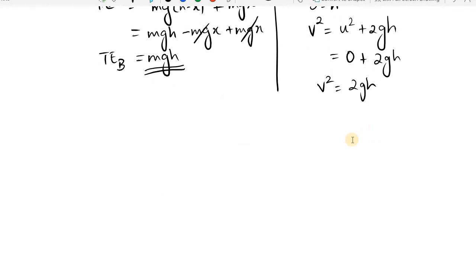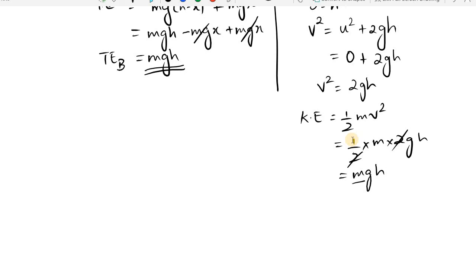So here the kinetic energy would be half mv squared, which is half into m into 2gh. 2 cancels and we get mgh.